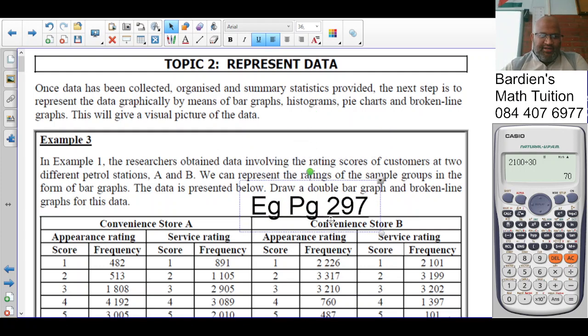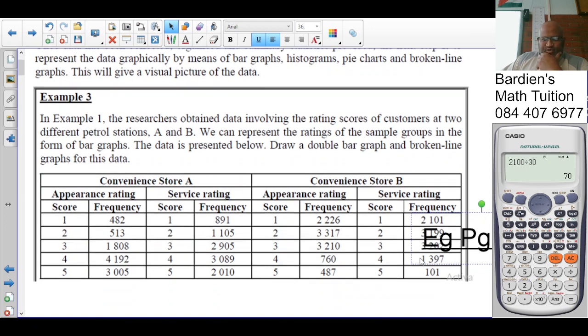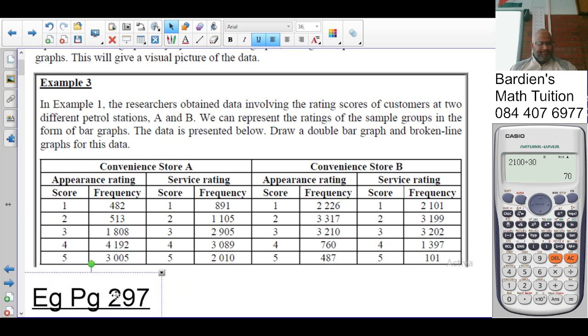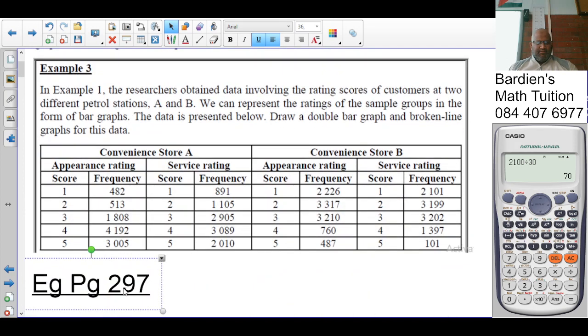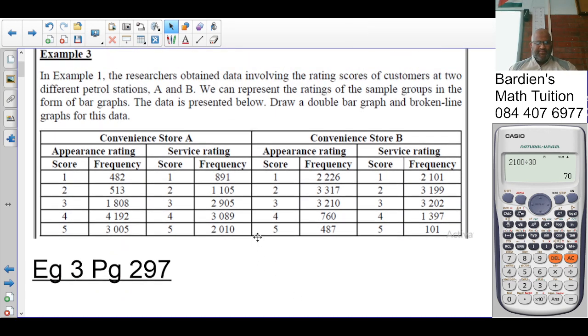So here's example 3. In example 1, the researchers obtained the data involving the rating scores of customers at 2 different petrol stations A and B. We can represent the rating of the sample groups in the form of a bar graph.